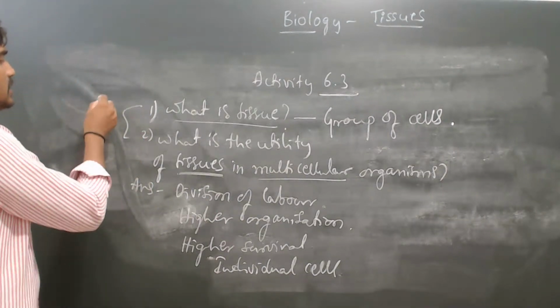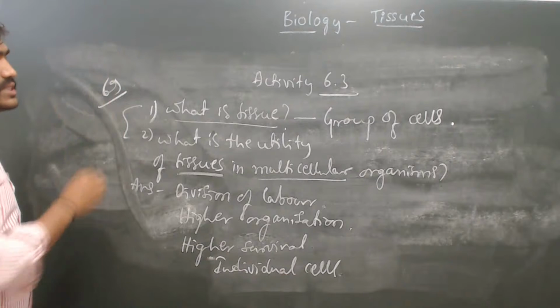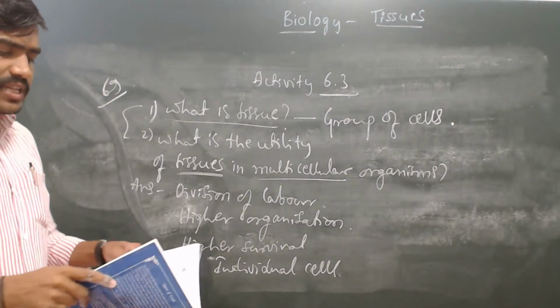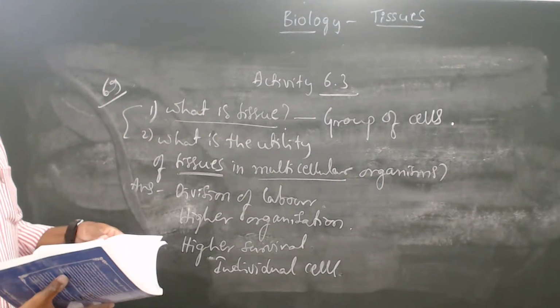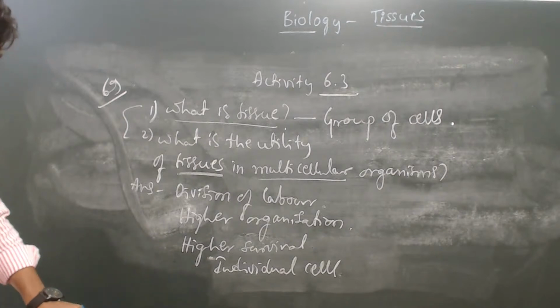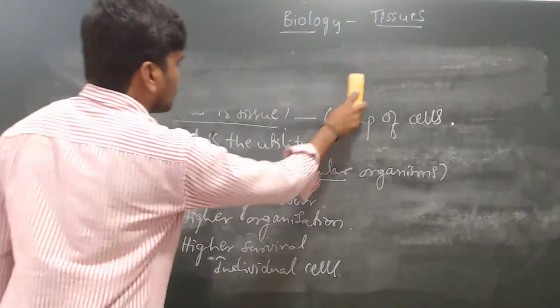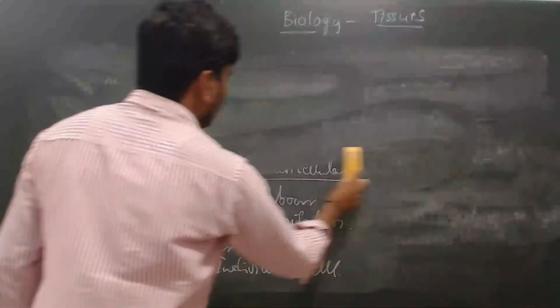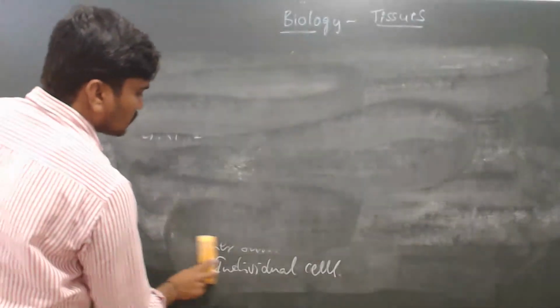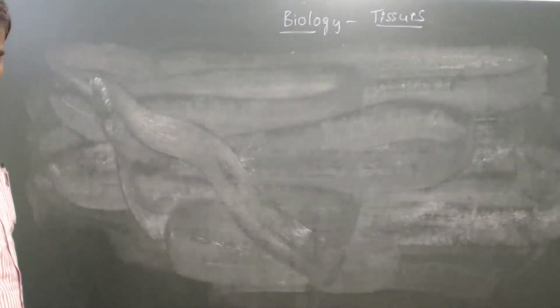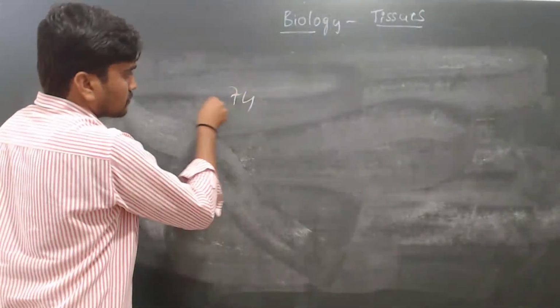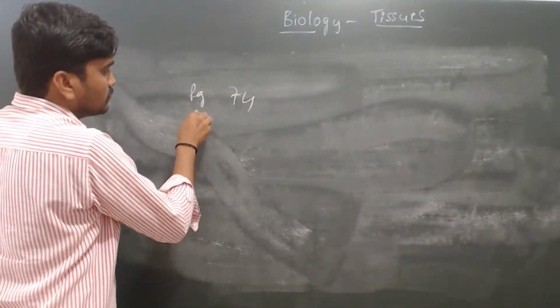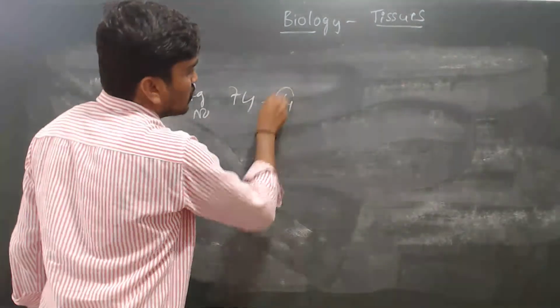These two are the in-text questions from page number 69. After that, we have the next in-text questions on page number 74. On page number 74, there are 4 in-text questions.